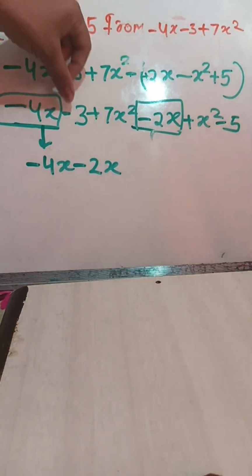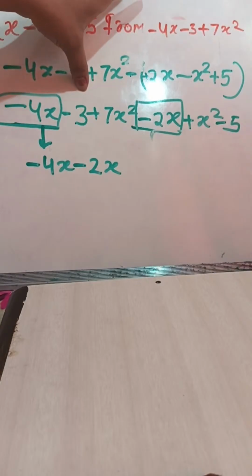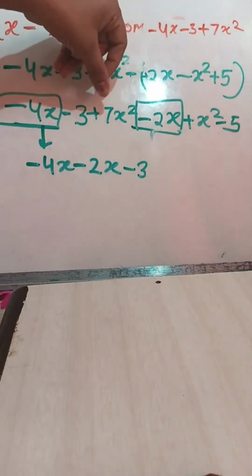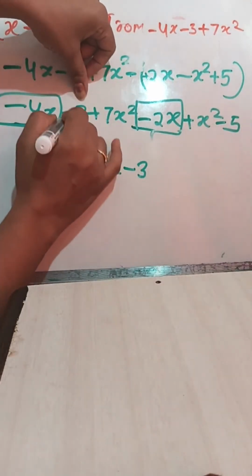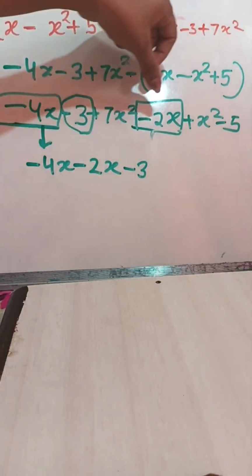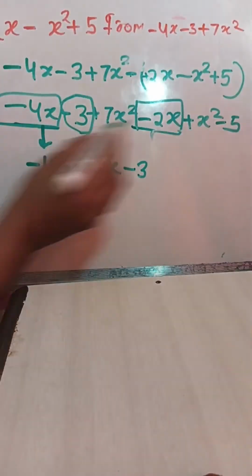Now we have minus 3. Is there any other term like it? 7x square is not the same. Minus 2x we have taken, x square not. Yes, minus 5 is the same kind as minus 3.